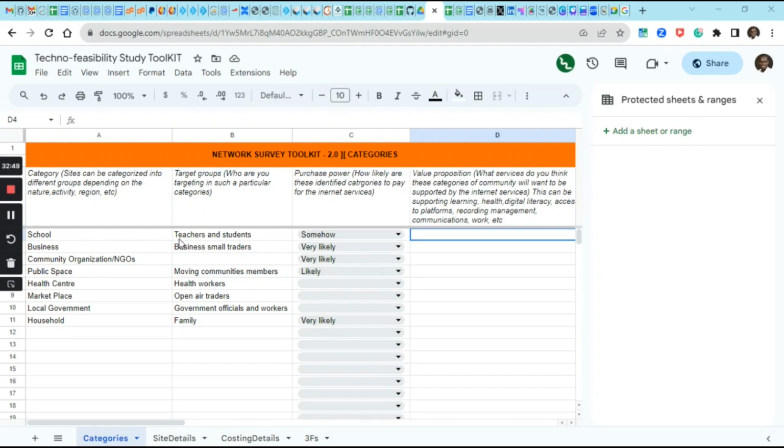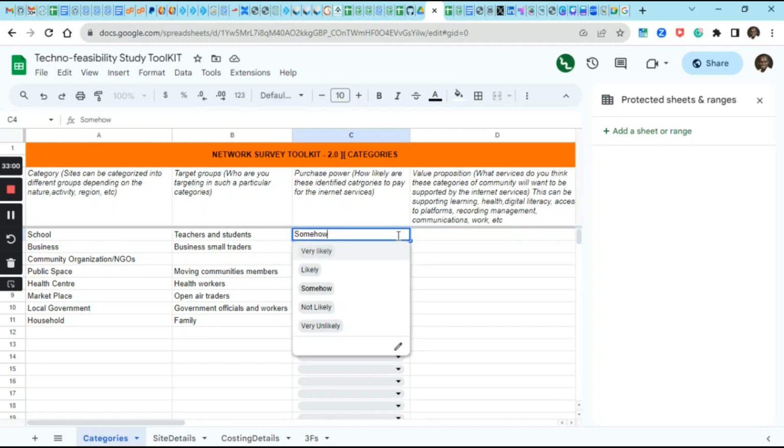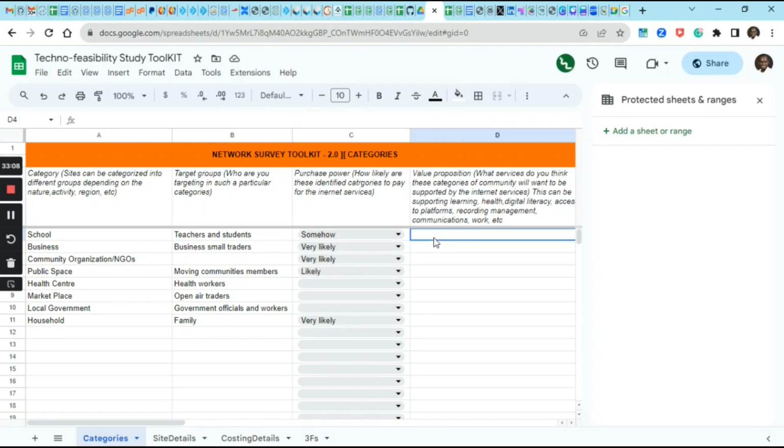And then the other thing that we need to look at is the purchase power. If I say that I want to connect a school, how likely are they willing to purchase this kind of service? That is very important for you to know how your business model is going to look. And then we need to underline some of the value proposition, things that will make these groups go for our services and remain as part of our community.